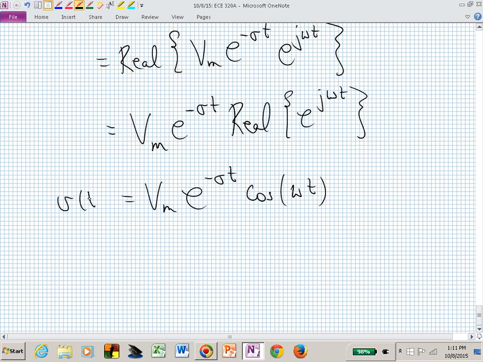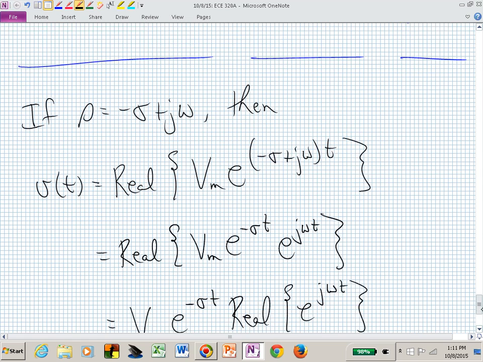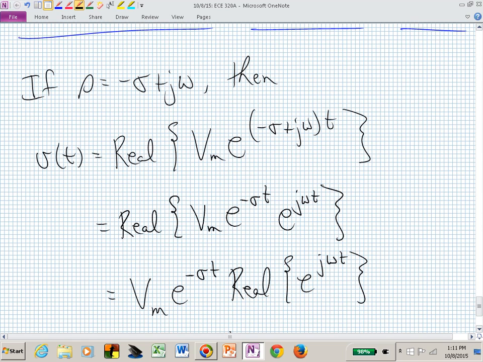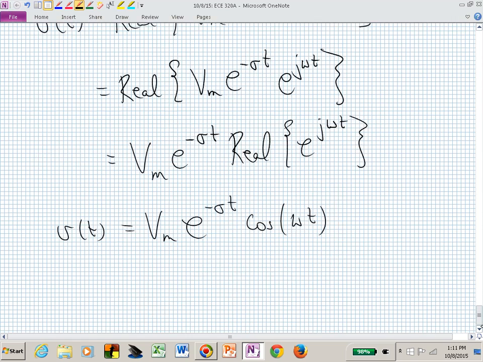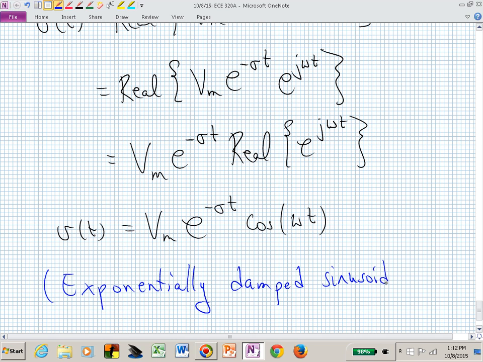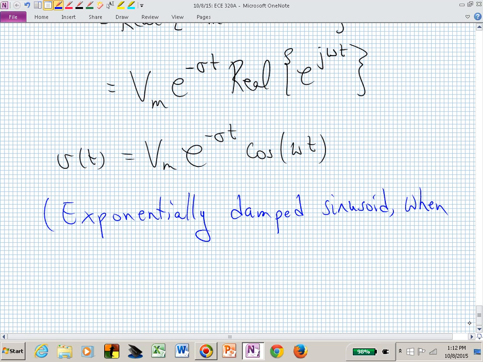This little v of t, when we started with a value of s of minus sigma plus j omega, we now end up with an exponentially damped sinusoid when we started with s equal to minus sigma plus j omega.